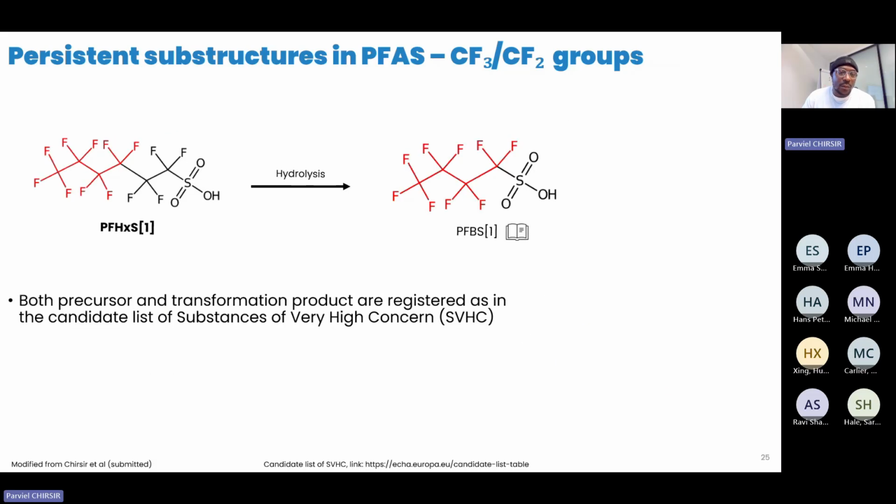Now, we also found some cases where both the parent compound and the transformation product were of concern, like PFBS, which is a transformation product of PFHxS, perfluorohexane sulfonic acid. These two have been registered in the candidate list of substances of very high concern, showing that both of them are of health or environmental concern.